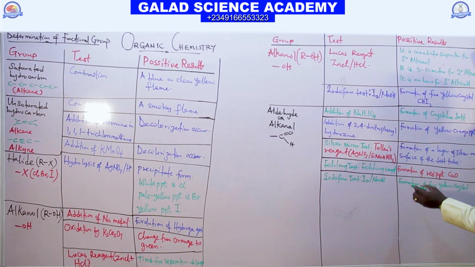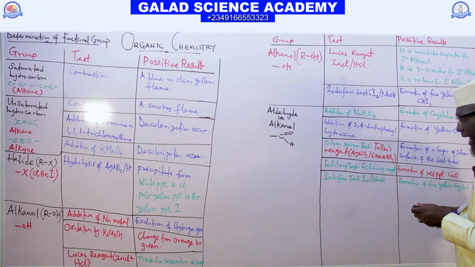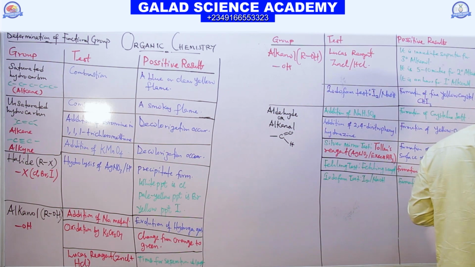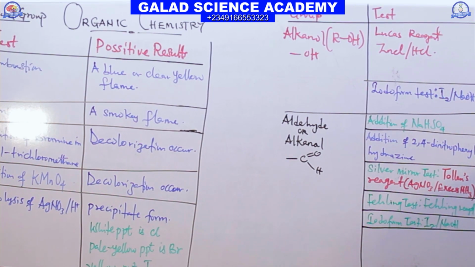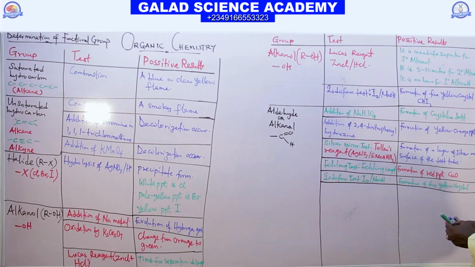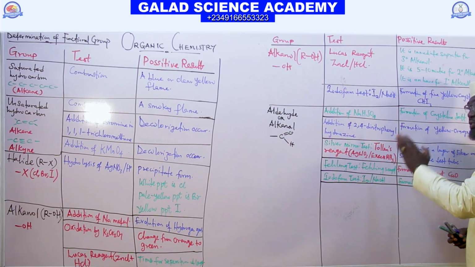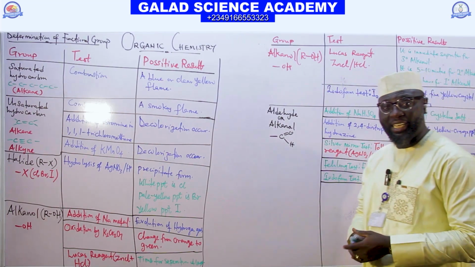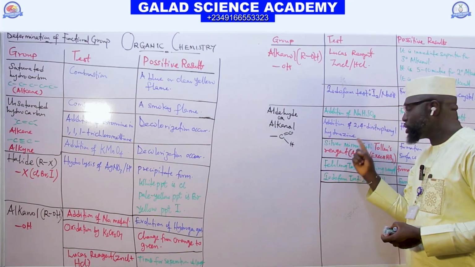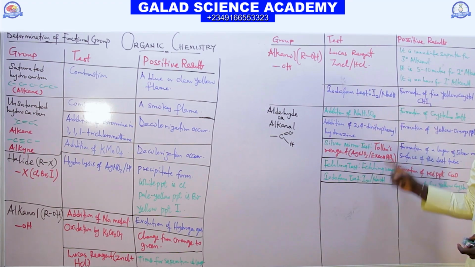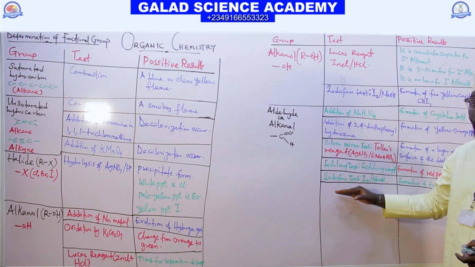See, the iodoform test for aldehyde, ketone, and alkanol, they have the same positive results. So these are the necessary 5 reagents that we can use to test for the aldehyde in any exam: sodium hydrogen sulfite, 2,4-dinitrophenylhydrazine, silver mirror test, Fehling reagent, or iodoform.